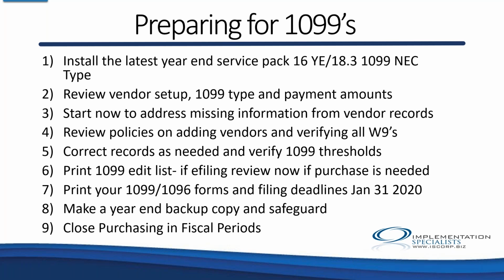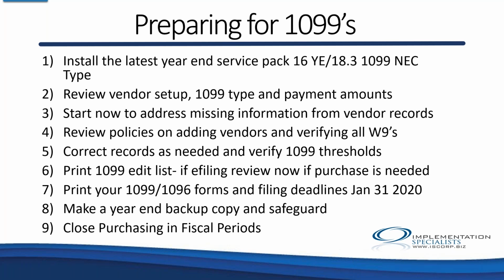It has the necessary changes for your 1099 non-employee compensation type. So if you have not gotten those, you'll want to get that set up. You do want to review your vendor setups and make sure your 1099 types and your payment amounts are correct. And we'll show you how to do that in SmartLists.